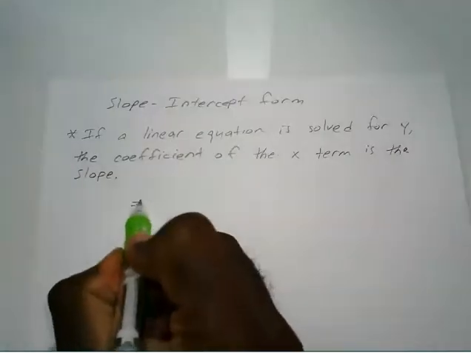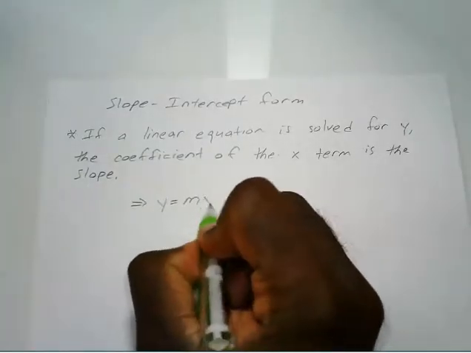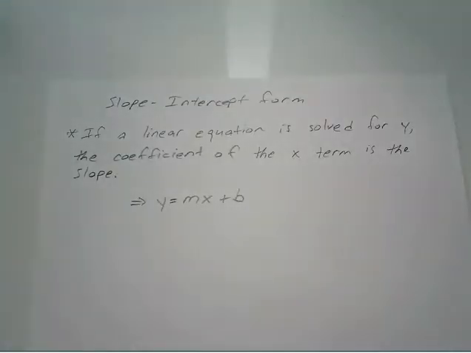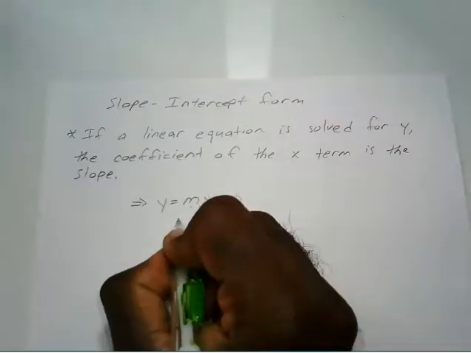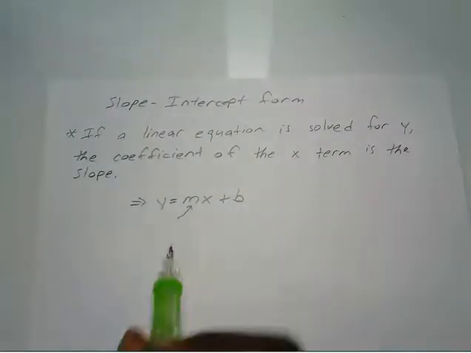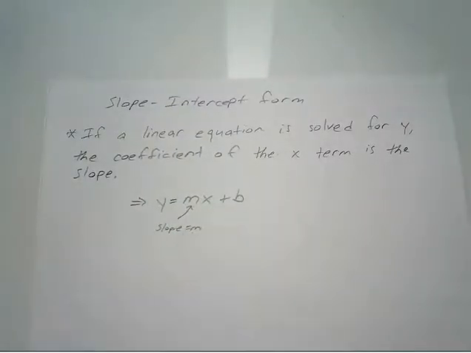And how that looks is y equals m times x plus b. All of those values have a meaning. This m is the coefficient of the slope, so whatever number is next to that x is your slope. Your slope equals that m value.